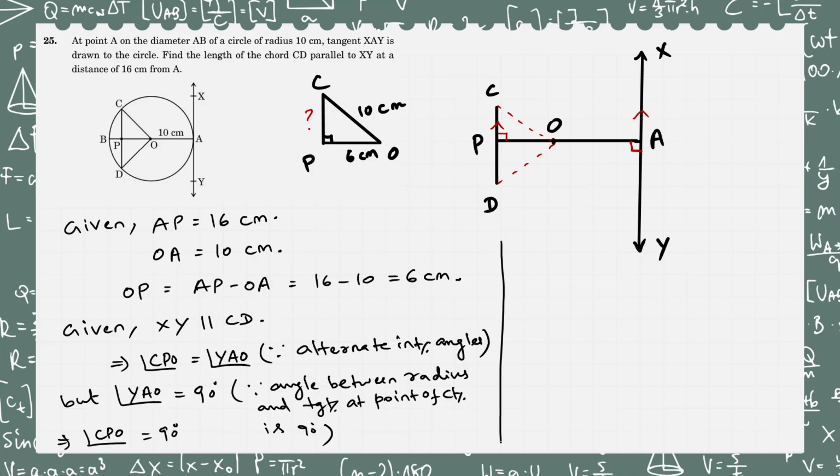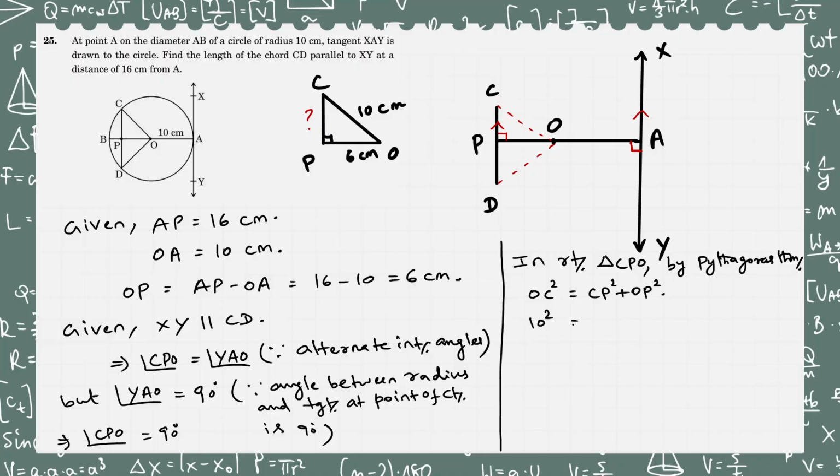Now we are going to take the right triangle CPO and apply Pythagoras there. In right triangle CPO by Pythagoras theorem, OC is the hypotenuse, right? OC square equal to CP square plus OP square.